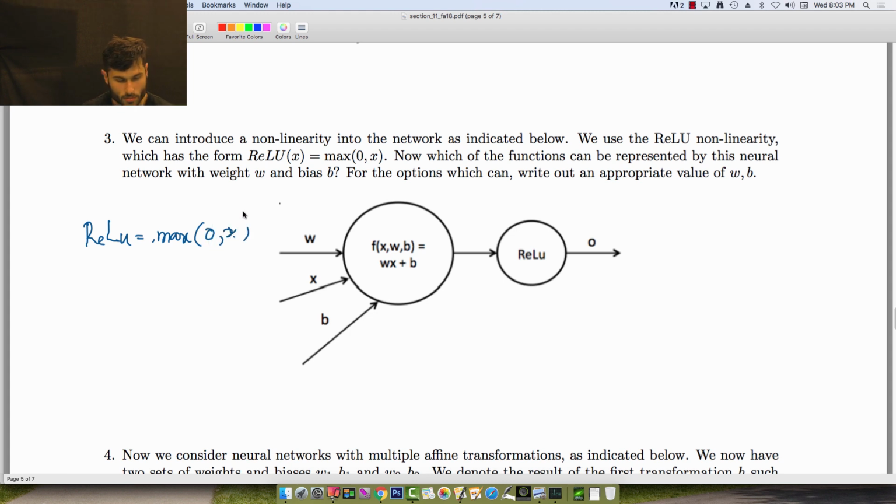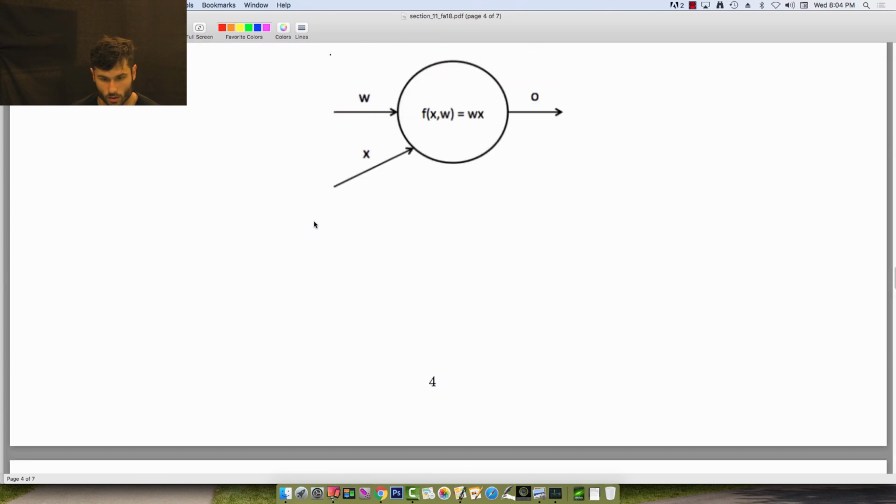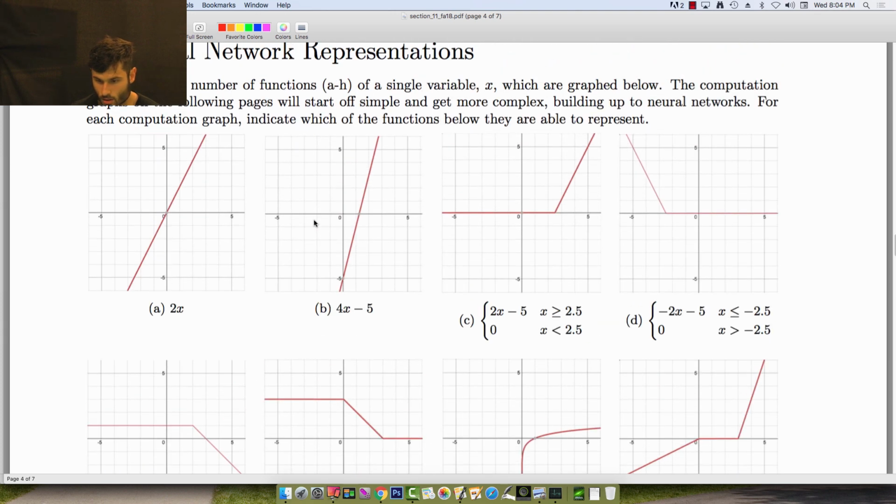So it cannot represent any negative values, so the output is always non-negative. If we look at the graphs, it has to be linear and only represent positive values, and the only ones that satisfy the assumption are C and D.